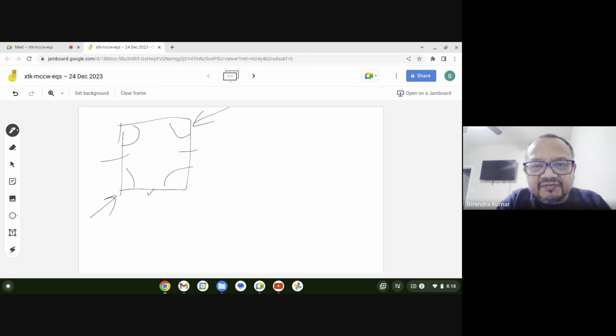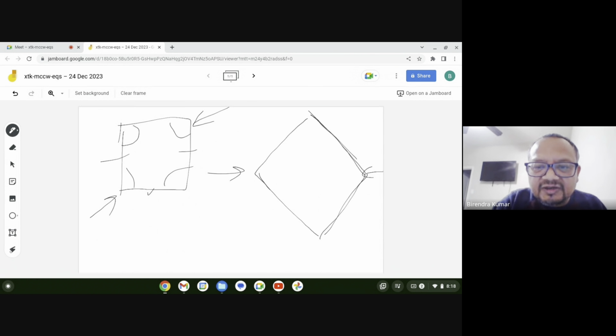What happened is after you were squeezing it, it became like this. So whatever was the length of the side, that did not change. It just squeezed. It became thinner and longer. Meaning this angle became less than 90.